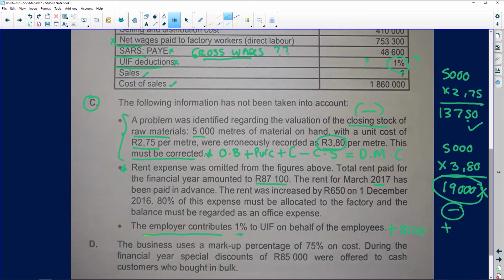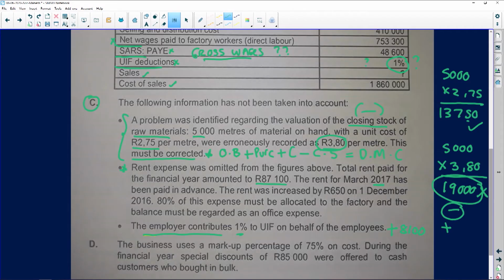So immediately I'm looking at a prepaid expense. And remember, from your GAAP matching principle, any expenses that have been prepaid for the next financial year obviously need to be subtracted. The rent was increased by 650 Rand on the 1st of December 2016.